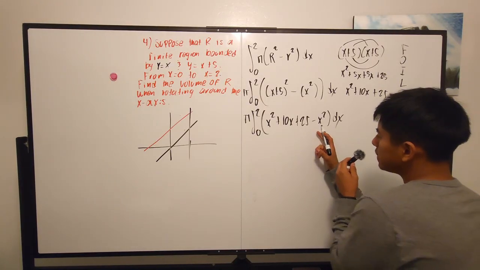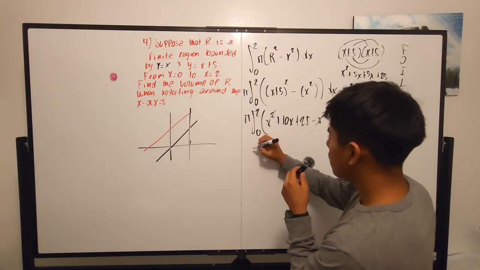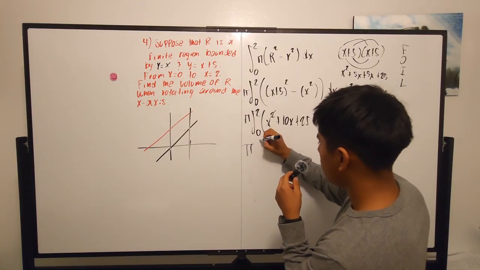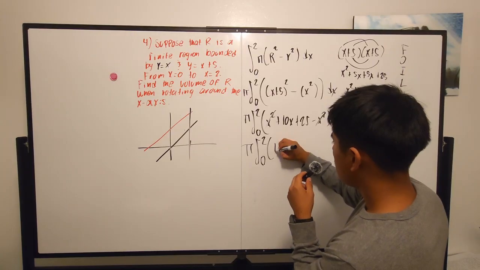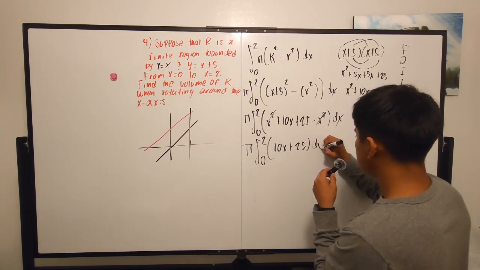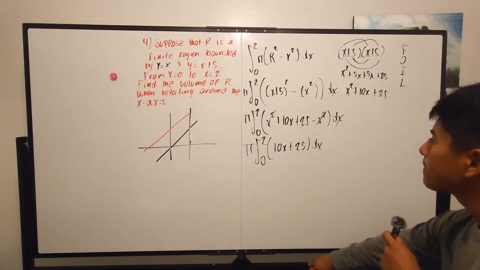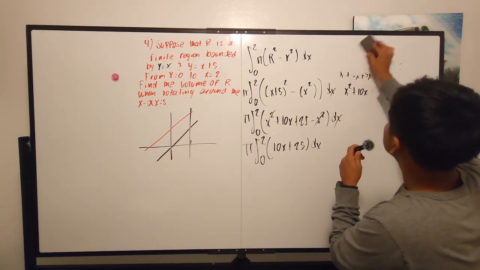Notice how this x squared is going to cancel out with this one. So then we are really just left with pi integral from 0 to 2 of 10x plus 25 with respect to x. I'm going to erase this work.